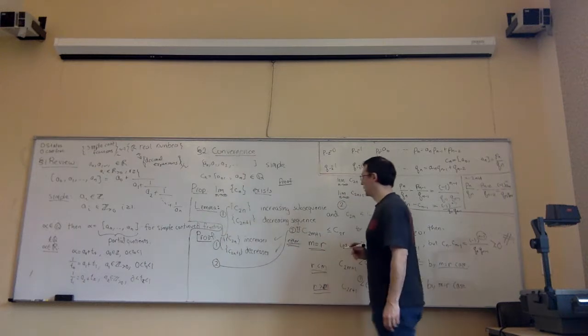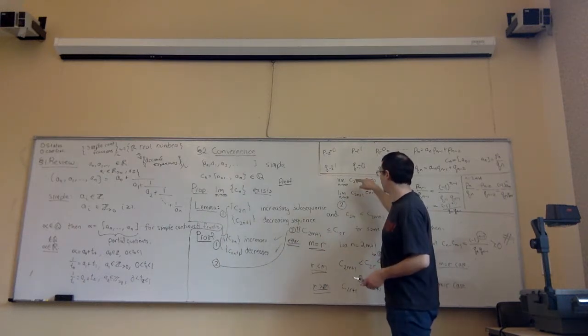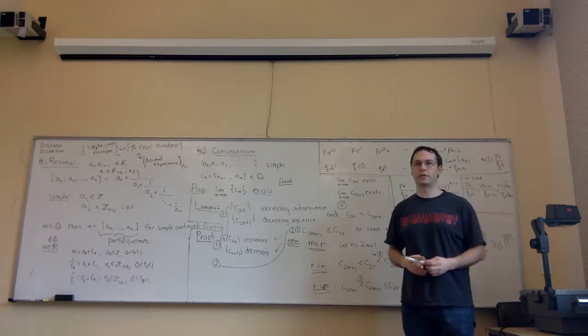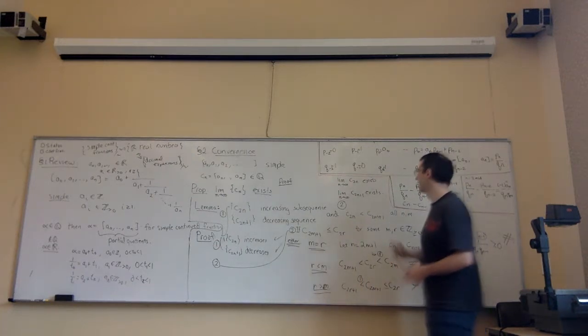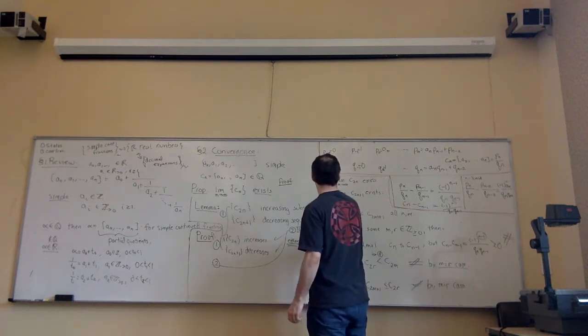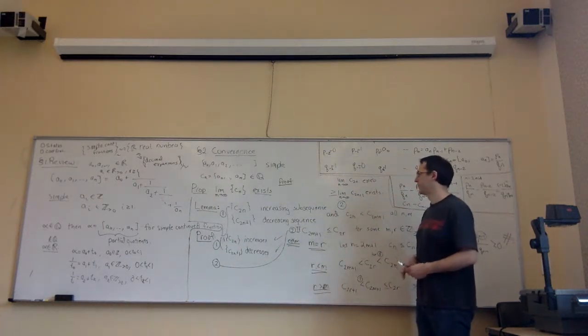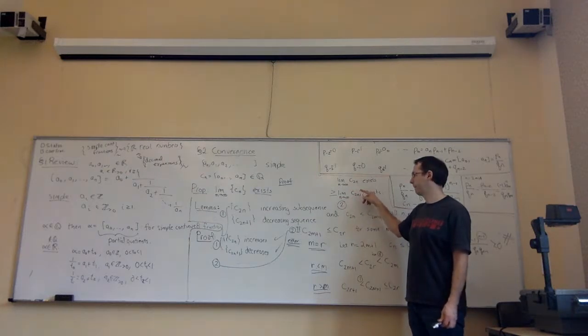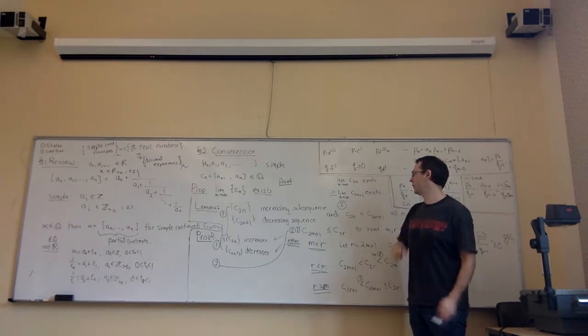And what's the relationship between them? Is the first one bigger than or equal to the second one, or the other way around? Is the limit as n goes to infinity of c2n greater than or equal to the other, is this true or not? No. Should be the other way around.